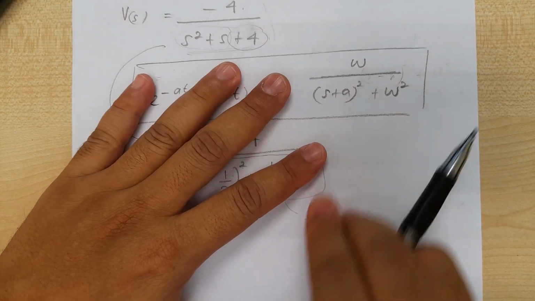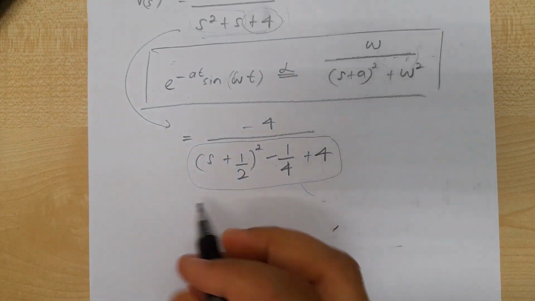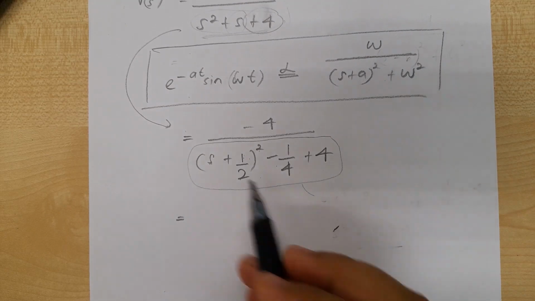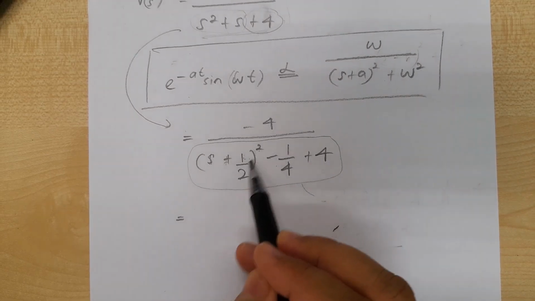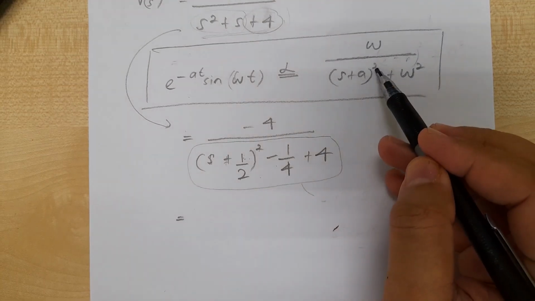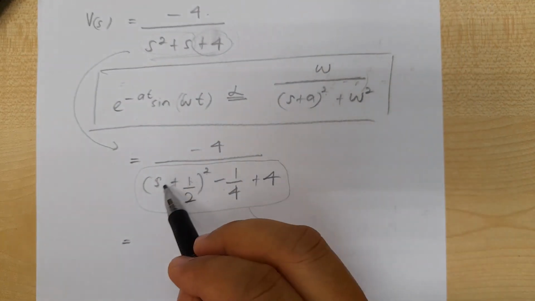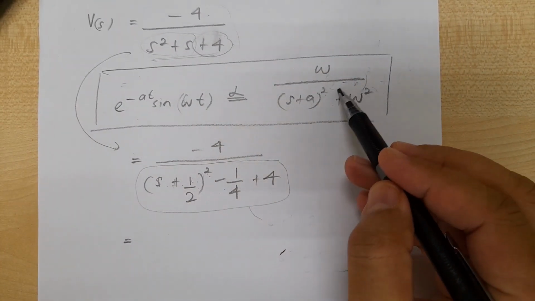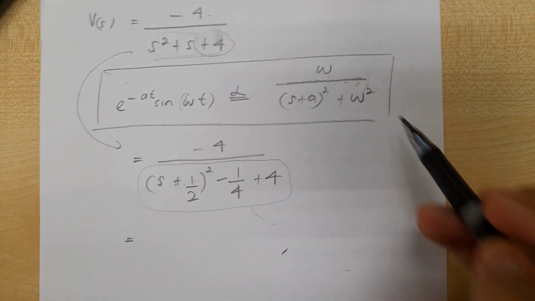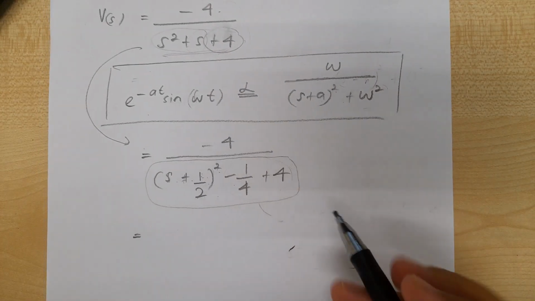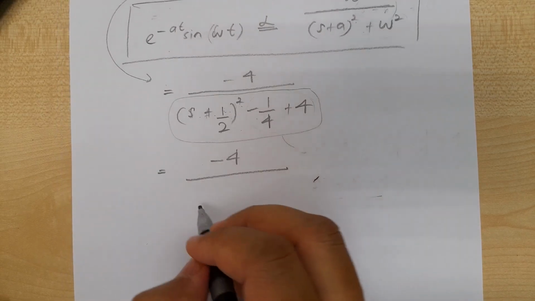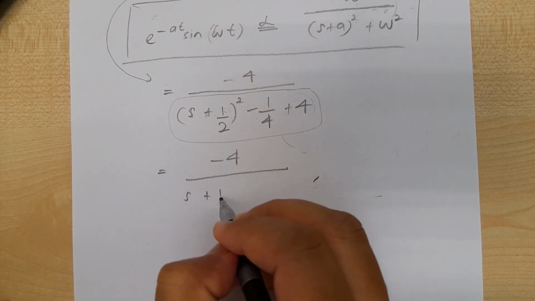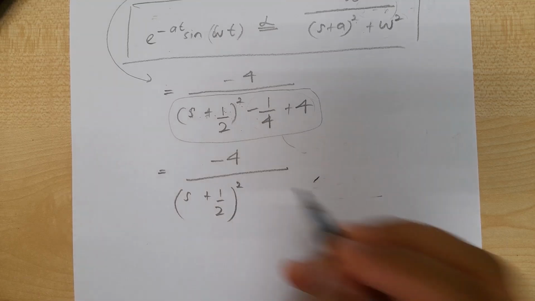Now we still have to work on this. We have the format (s plus a) squared, but we need to combine the constants into one value, (s plus 1 over 2) squared.